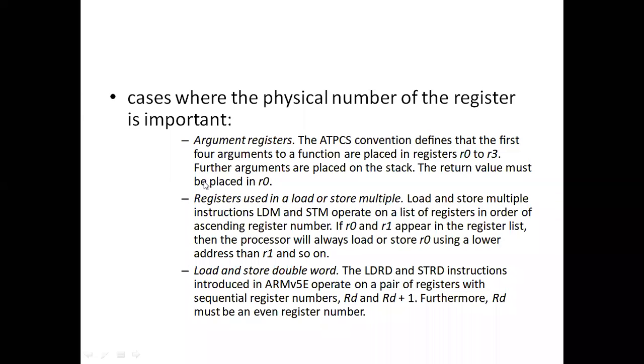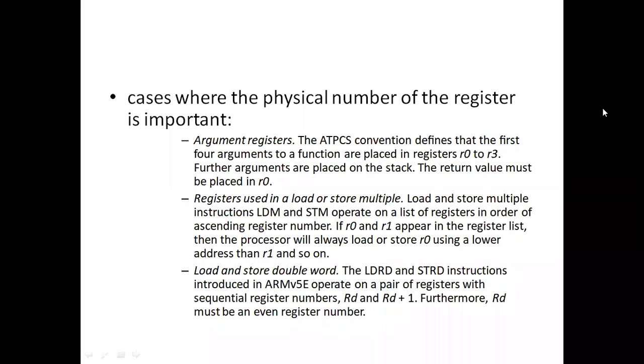Let us take, I have written five arguments in it. Then the first four arguments will be in the registers R0 to R3. R0 will hold the first argument, R1 the second, R2 the third, and R3 the fourth argument.